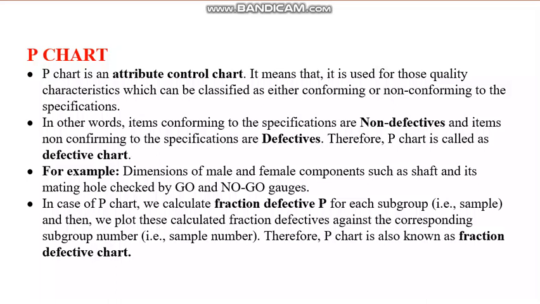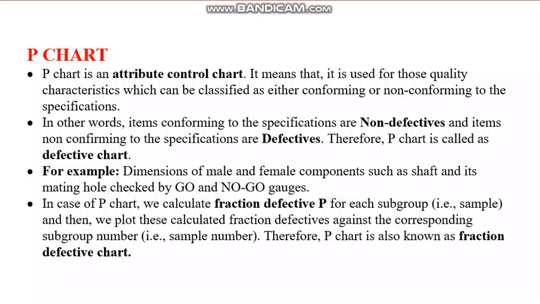But the items non-conforming to the specifications are defectives. Therefore the P chart is called a defective chart, or a chart prepared for defective parts.